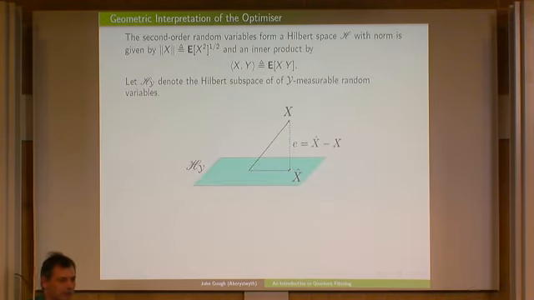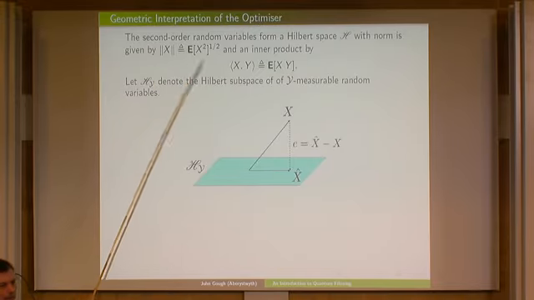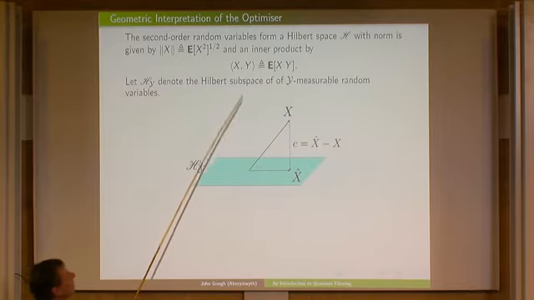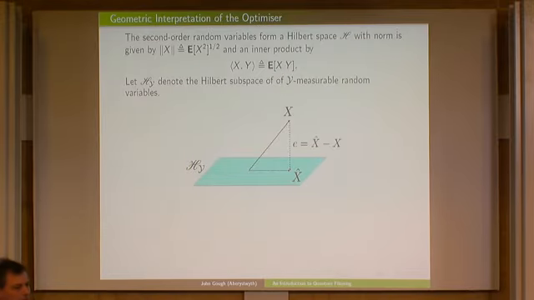Now, there's a lovely bit of geometry here because the second order random variables form a Hilbert space, right? And the norm is just the root mean square. You've also got an inner product, which is just taking two random variables, multiplying them together and averaging them, right? It's a real Hilbert space. So then you say, well, let's restrict to only those random variables which are y measurable. This is a Hilbert subspace, okay?